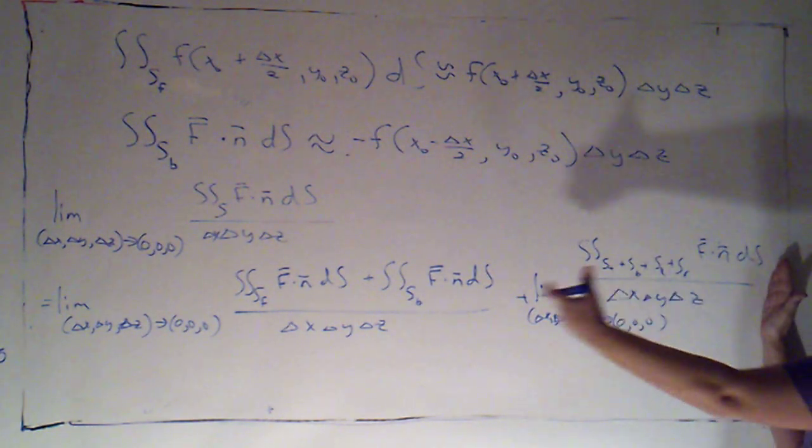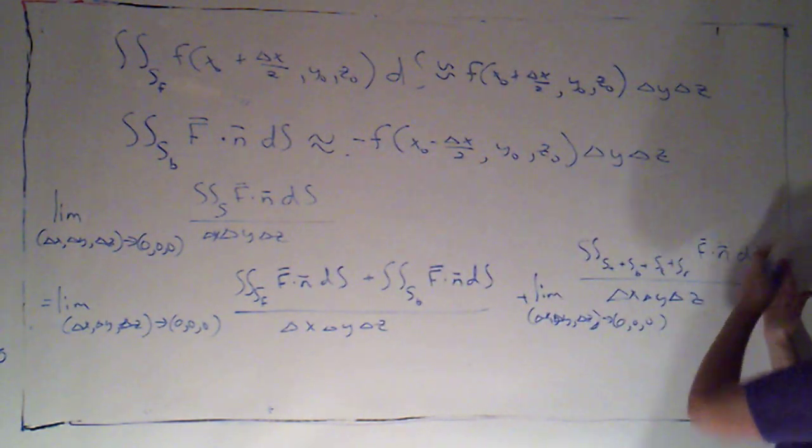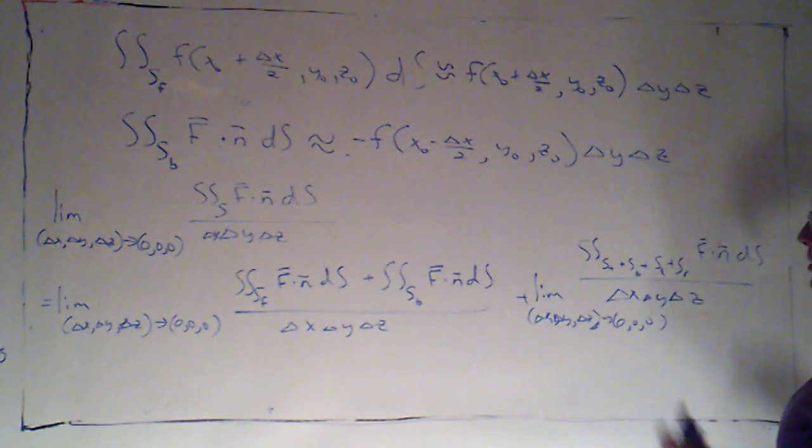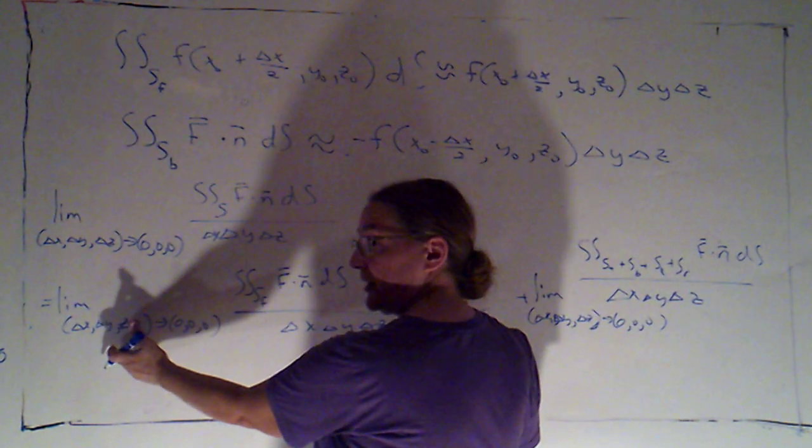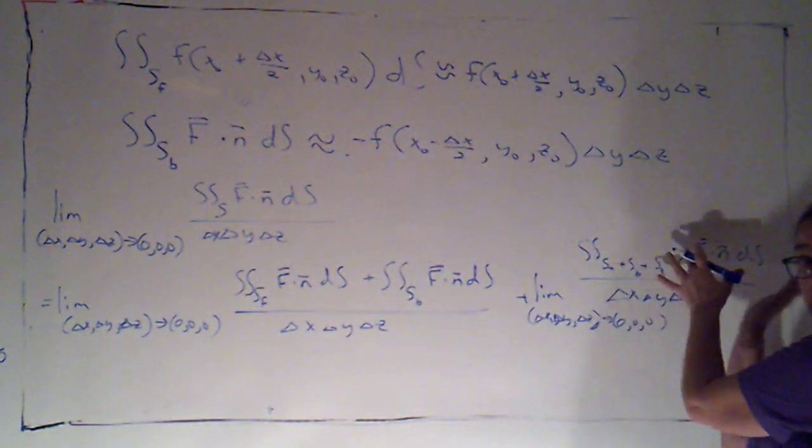So it would be the limit of the sum of all of these 6 things divided by the volume. I've just broken that up. I'm taking the limit over the front plus the back, plus the limit over all the other pieces.